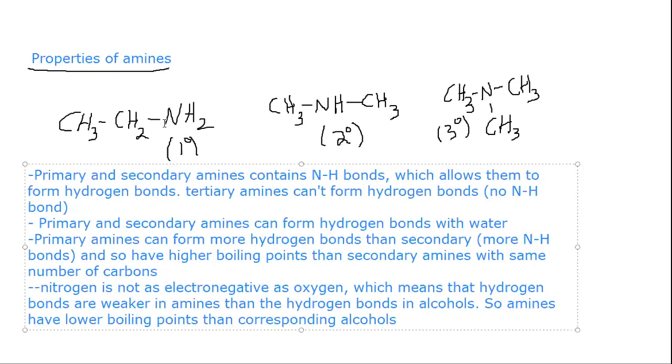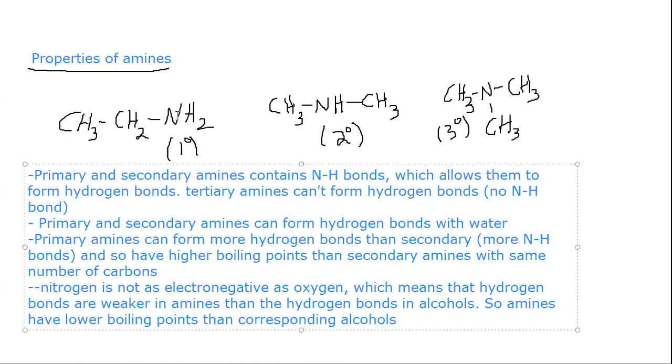But if you compare just primary and secondary, who has the ability to form more hydrogen bonds? Clearly, in primary amine, we have two NH bonds. In secondary amine, we have only one NH bond. So primary amines can form more hydrogen bonds than secondary amine.